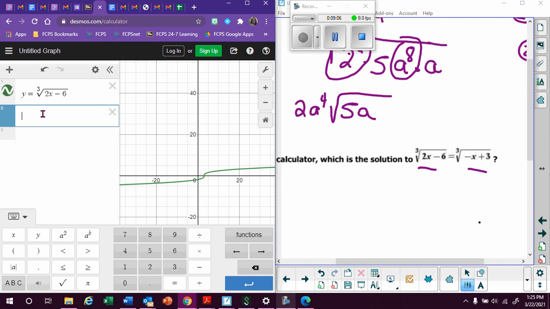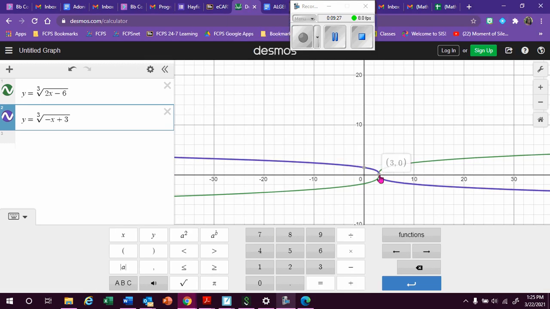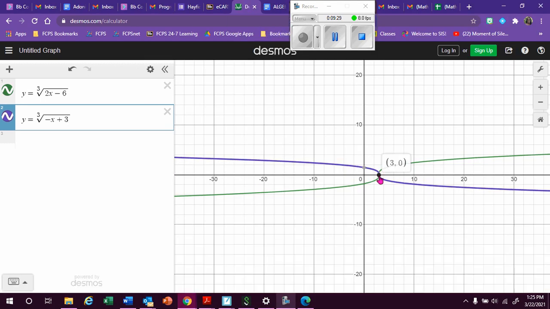And then you will do the next one as y equals, because the solution will be where the two graphs intersect. The same thing, you go to function, cube root of negative x plus 3. Okay, so once you do this, this would be where the two intersect, 3 and 0.